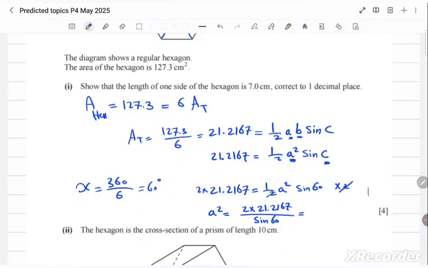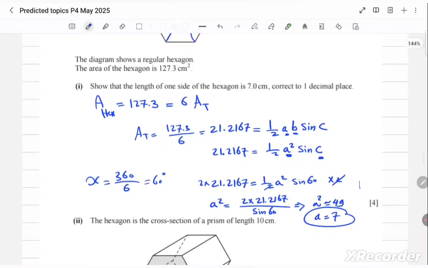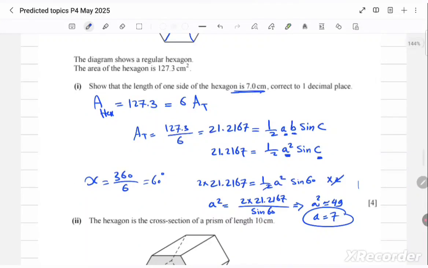Then from this we can find a. 21.2167 times 2, divided by sine 60, the answer is approximately 49. So a equals 7, as mentioned before. This is the first part.